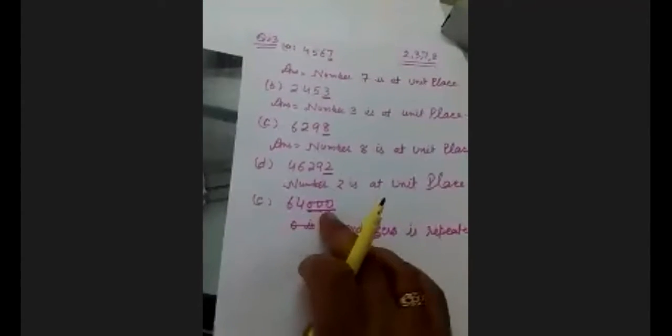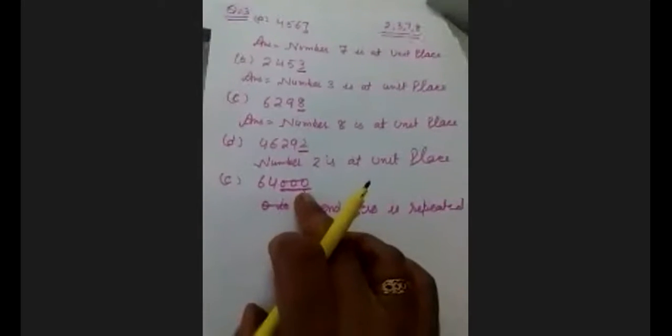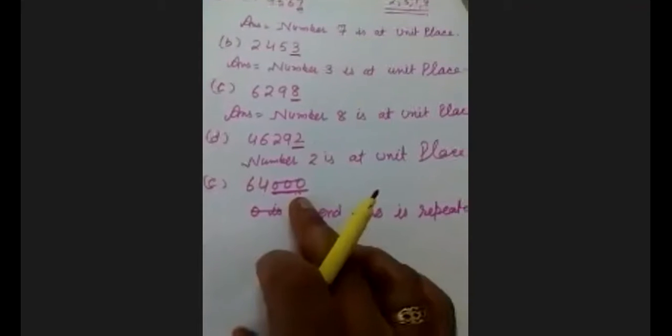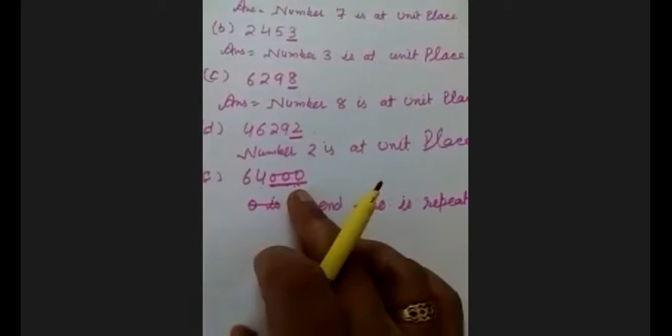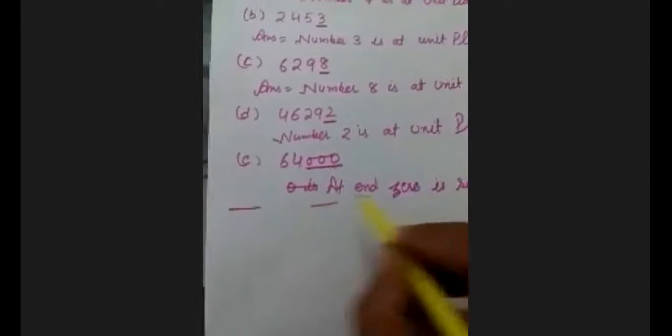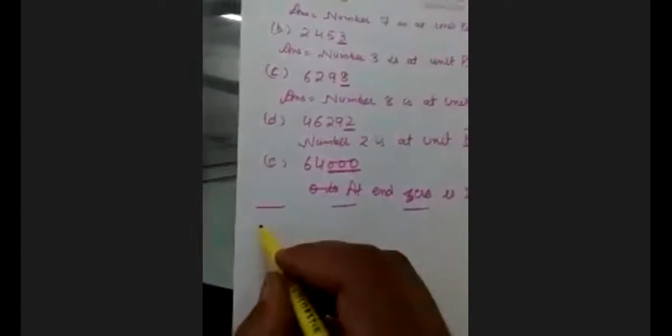Odd number of zeros. So it means 64,000 is not a perfect square. Clear, students? Now the fourth question. Question number 4.